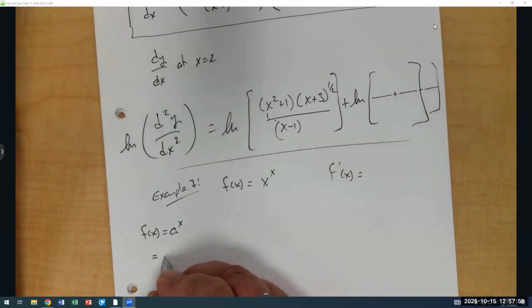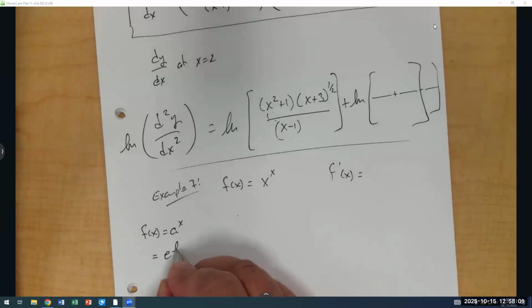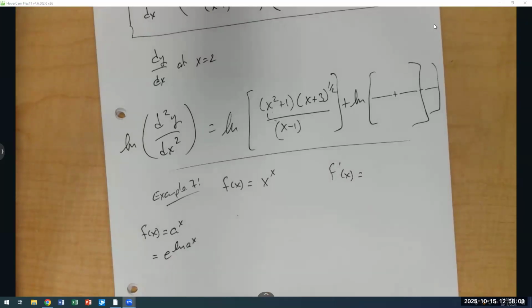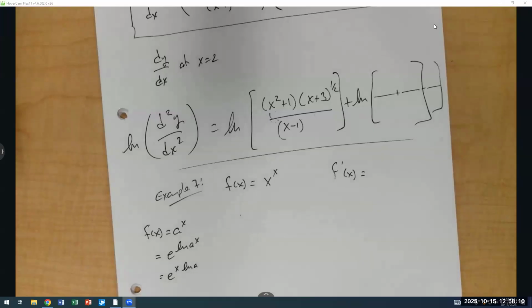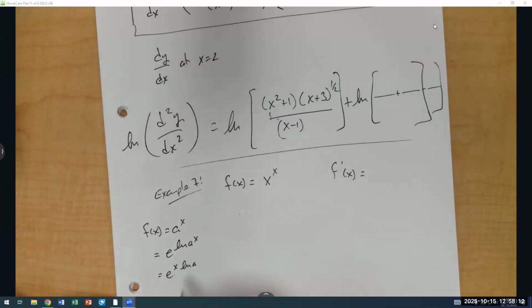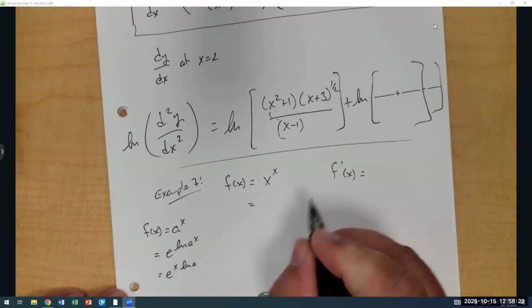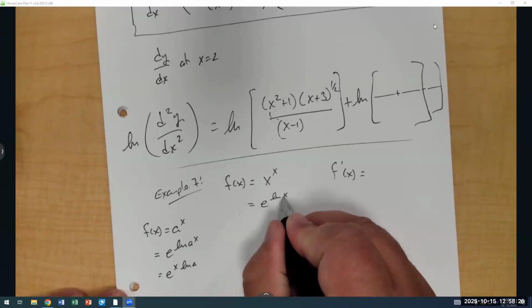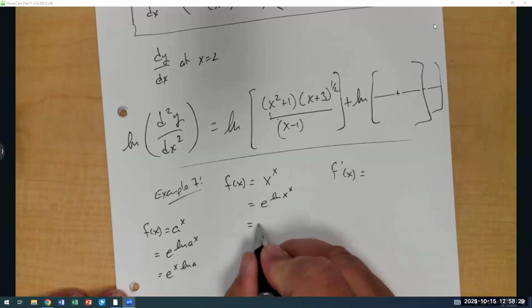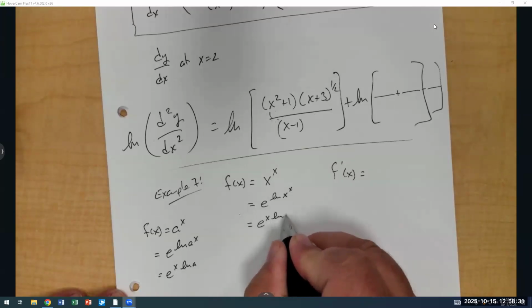So this we said was the same thing as E ln a to the x, which was E x ln a. Let's do the same thing with this one. So this can be rewritten as E ln x to the x, which is E x ln x.